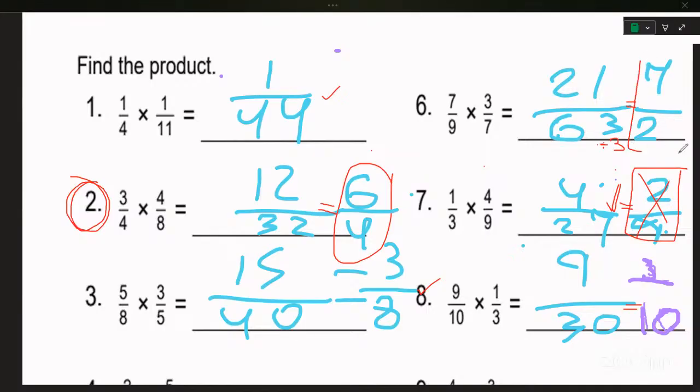Here, you check this one. What is the answer here? This also. Maybe check these two sums.